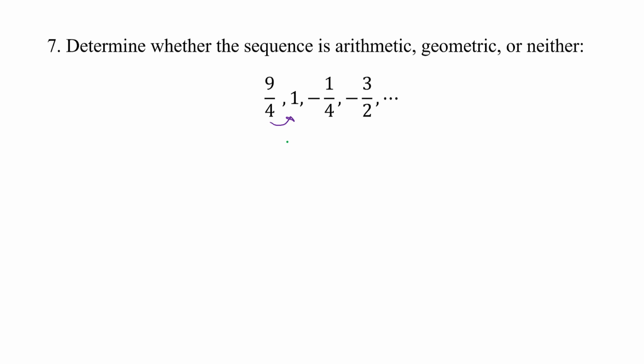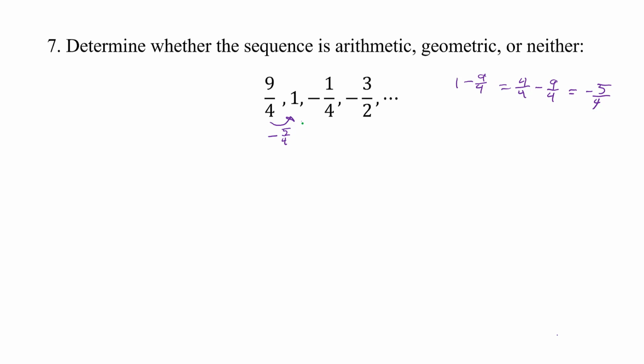What number would I add to go from 9/4 to 1? Well, I could find that by taking 1 minus 9/4, which would be 4/4 minus 9/4, or -5/4. Okay, so we're subtracting 5/4 to go from 9/4 to 1.